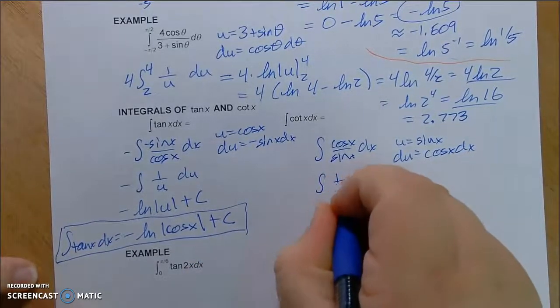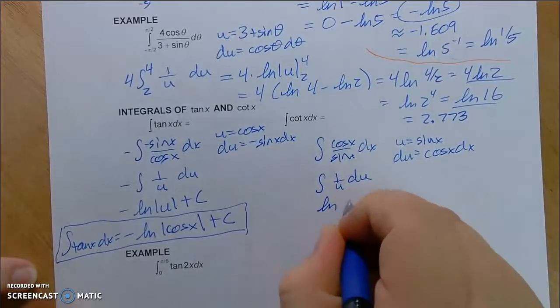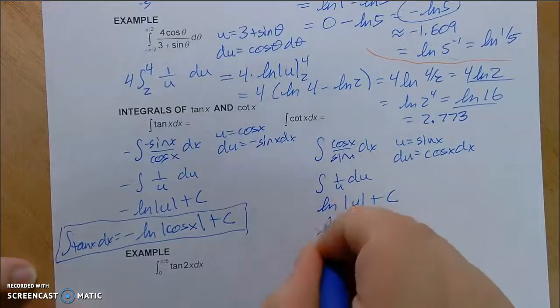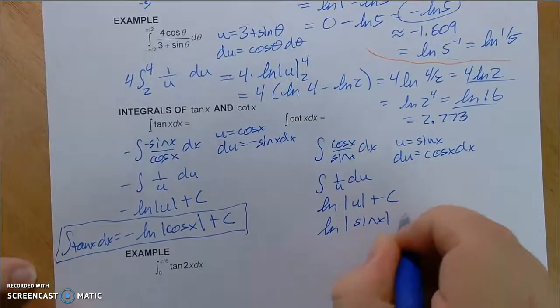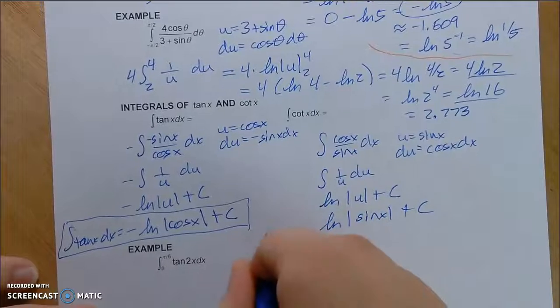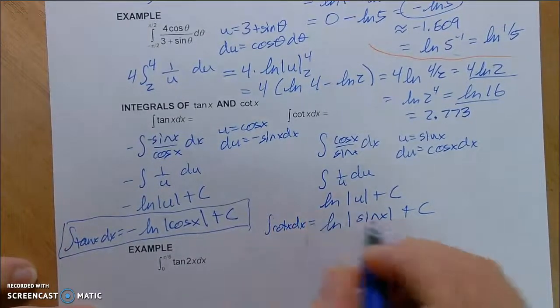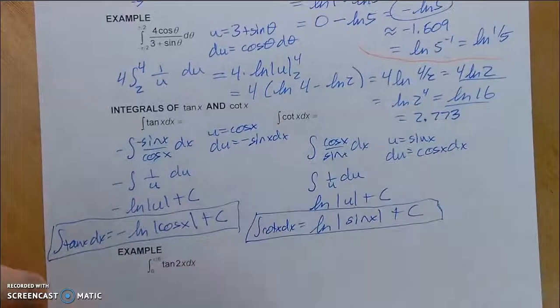So we get the integral of 1 over u du, which is the natural log of absolute value of u plus c, which is the natural log of the absolute value of sine x plus c, and that is the integral of cotangent dx. So again, you need to memorize this as well. Now you have all your basic 6 trig functions, and it just took all year to get there.